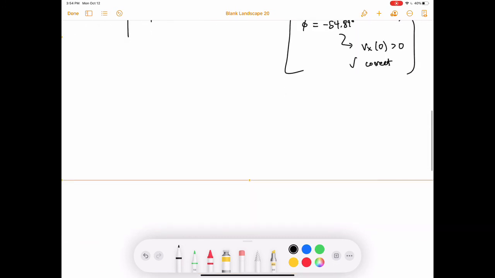So let's convert this to radians real quick. We have minus 54.89 degrees.